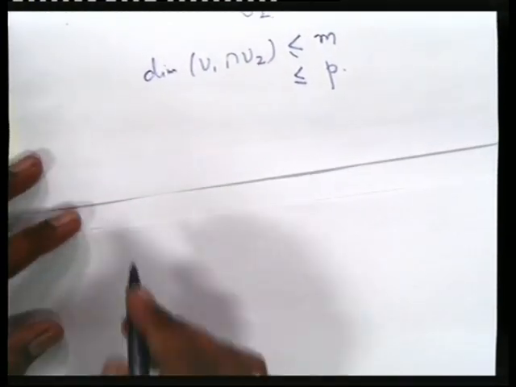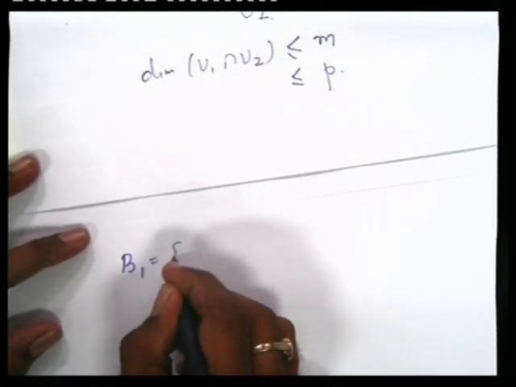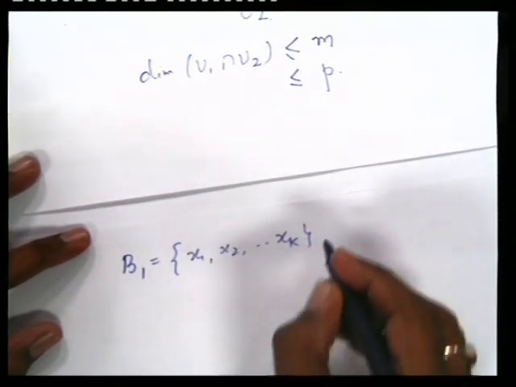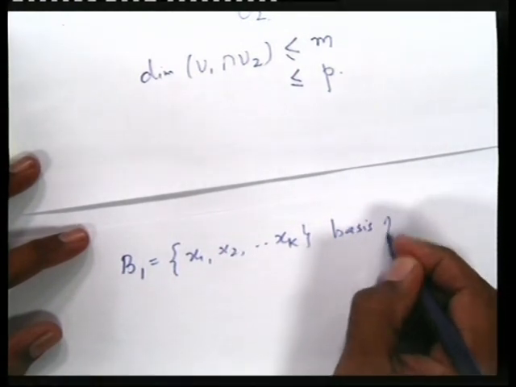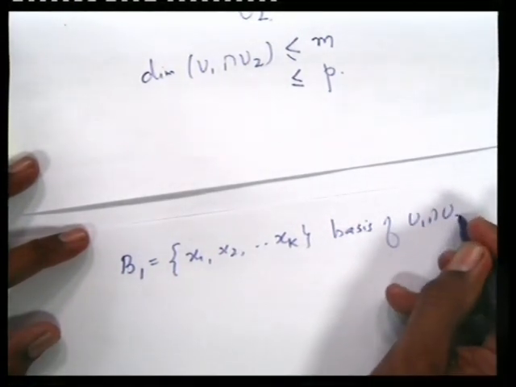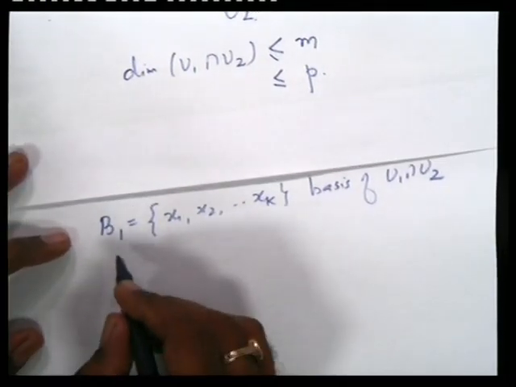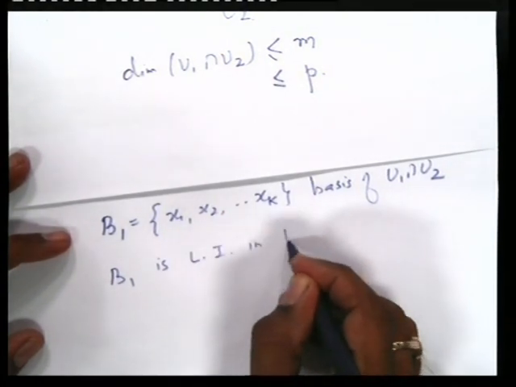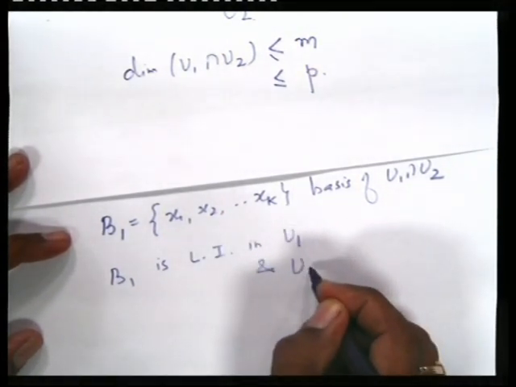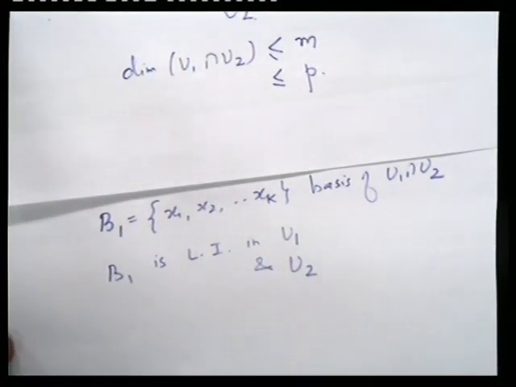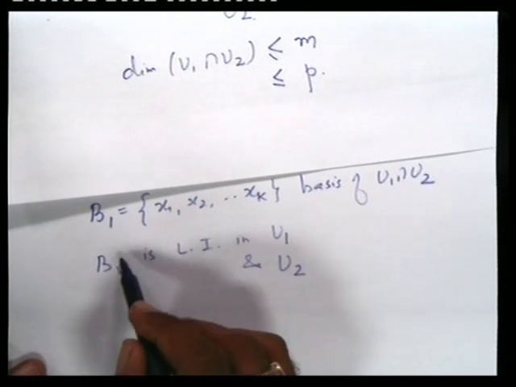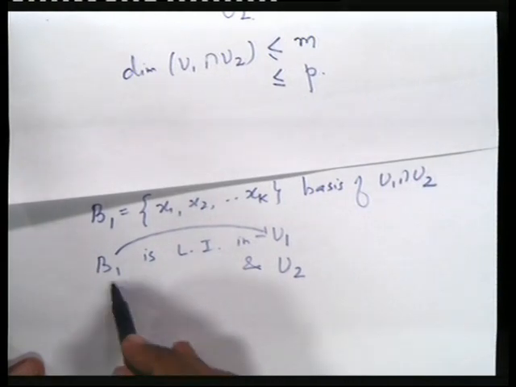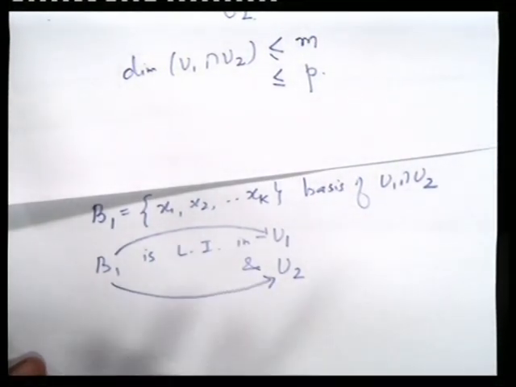So let us consider B1 equal to x1, x2 up to xk, a basis of U1 intersection U2. Definitely B1 is linearly independent in U1 as well as in U2. So we can expand this B1 up to a basis of U1, and also up to a basis of U2.